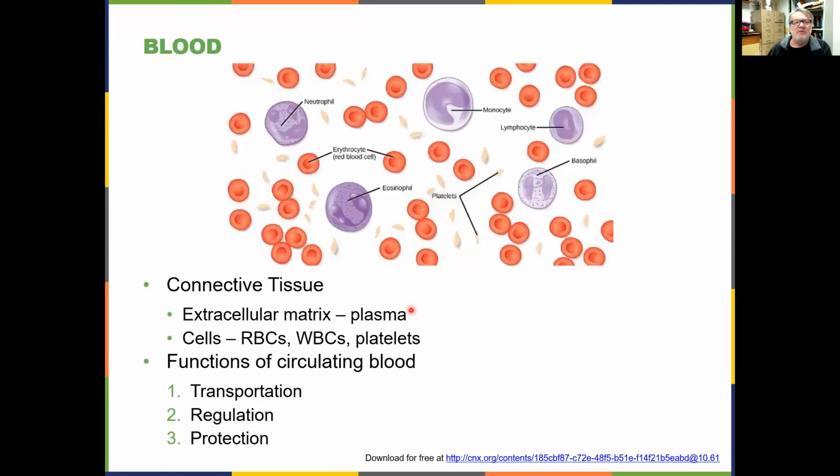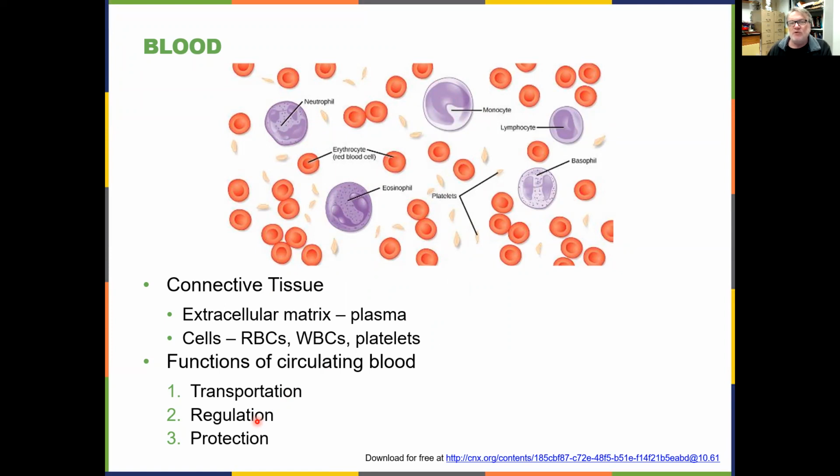So again, when we look at blood being a connective tissue, here's an illustration of the cells, the much larger purple things being white blood cells or leukocytes, the erythrocytes and platelets. But we look at the function of circulating blood. One of them is transportation of nutrients and waste products, but also regulation, because something we haven't mentioned yet is that there might also be hormones that are in the blood.